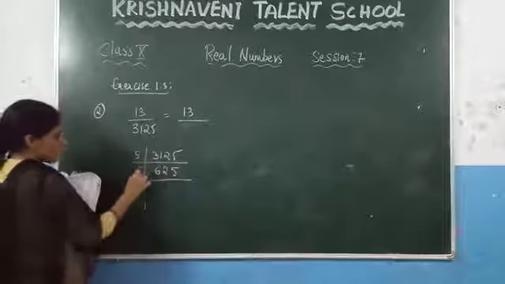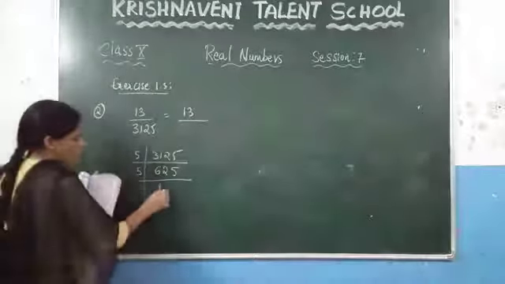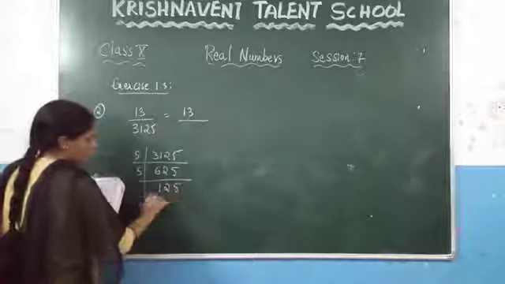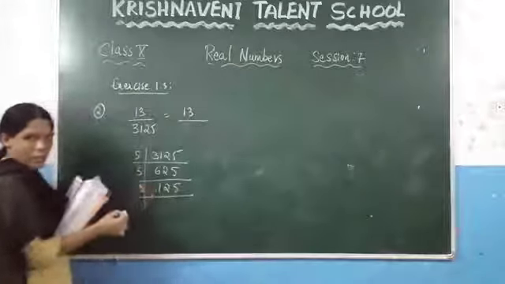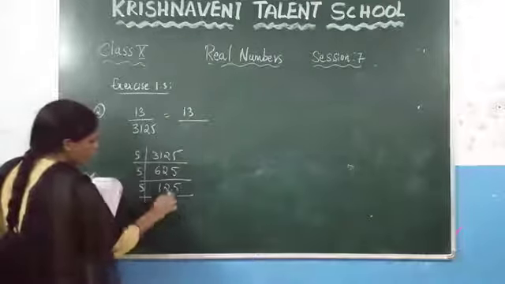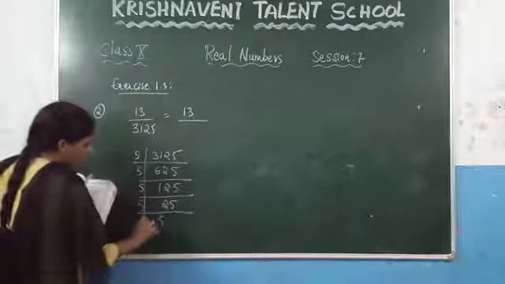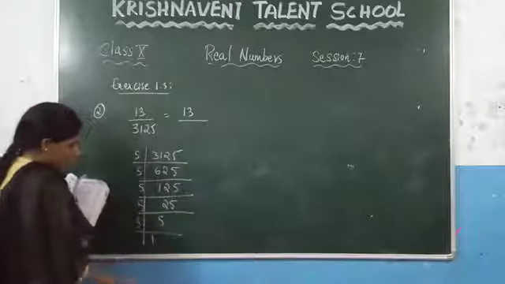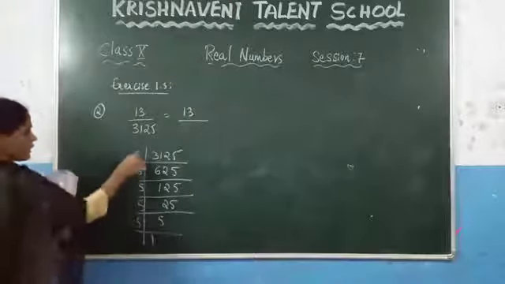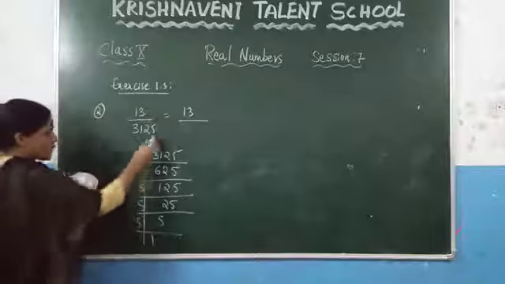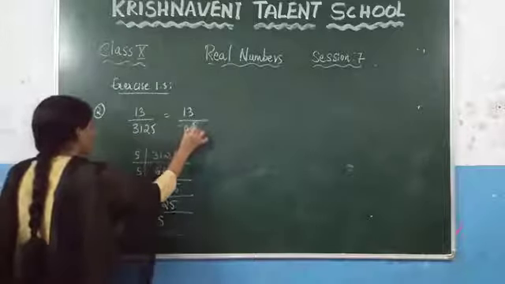And again it is divisible by 5: 5 ones, 5 twos, and 5 fives. Again it is divisible by 5. What will we get? 5 twos are 10. Again 5 fives are 25. Again 5 ones. So how many 5s are there? We got 1, 2, 3, 4, 5. This one you can write as 5 power 5.